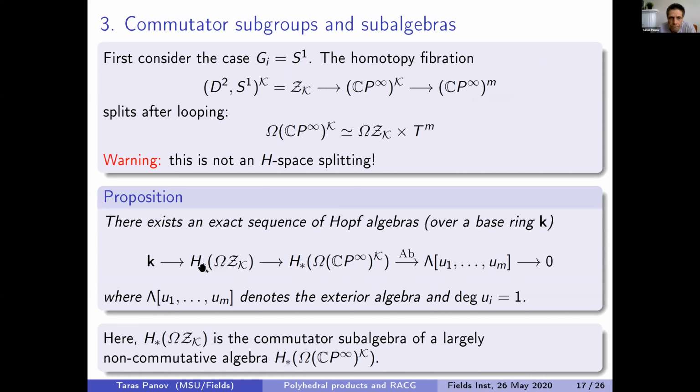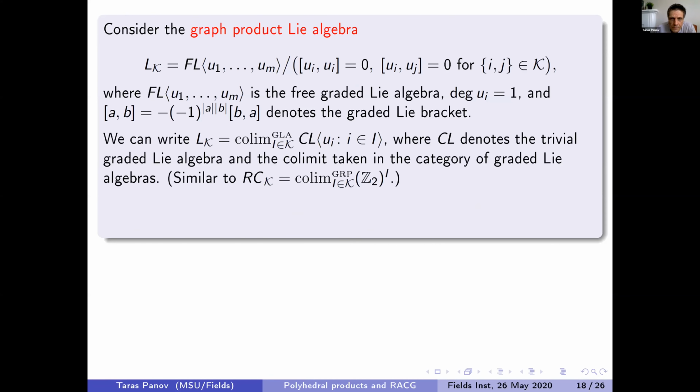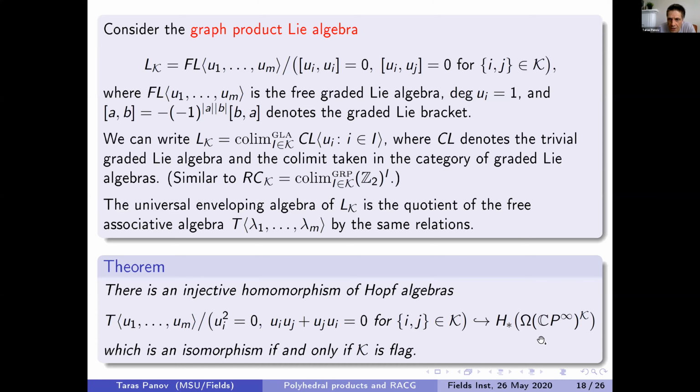But if k is not flag, then this is much larger. It contains the Hurewicz images of all higher Whitehead or higher Samelson products. So there is much more in that than just those commutators. That's the homotopy theoretical side of the story.